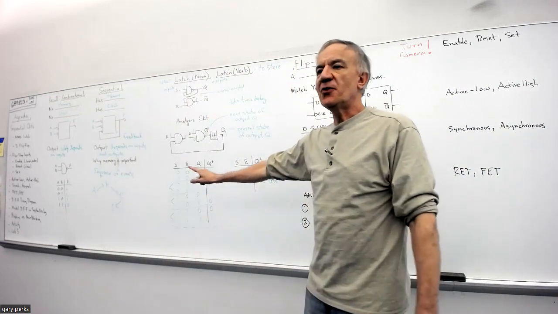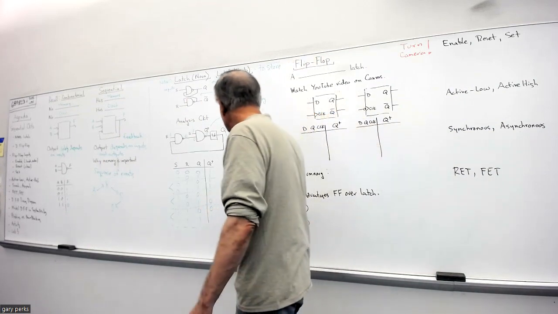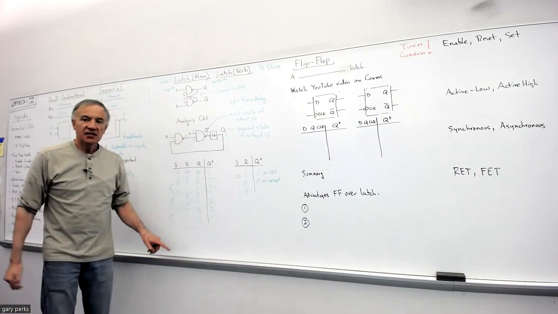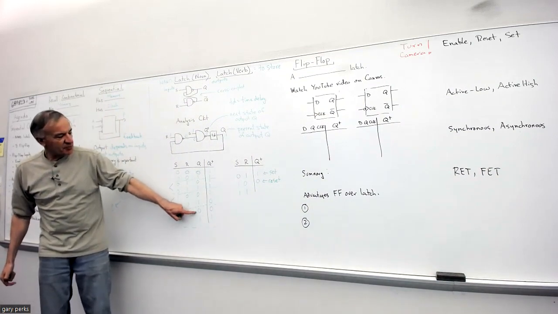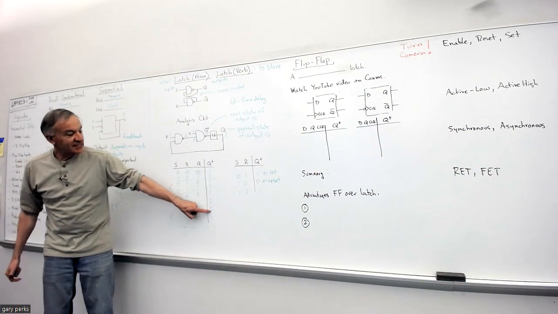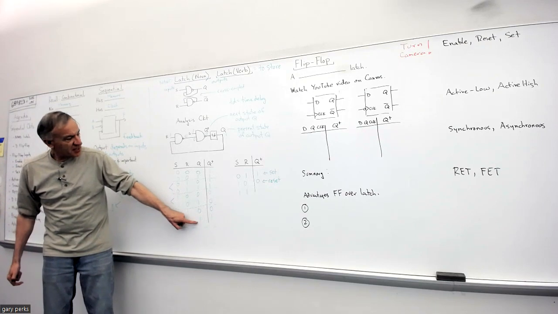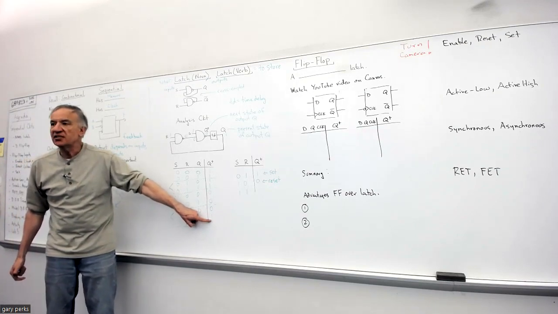The bottom 2 rows is why this circuit exists. Because if you look at the bottom 2 rows, when S and R are both 1, well, look, if S and R are both 1 and the present state of Q is 0, the next state of Q is going to be 0. And if both inputs are 1 and the present state of Q is 1, the next state of Q is 1.